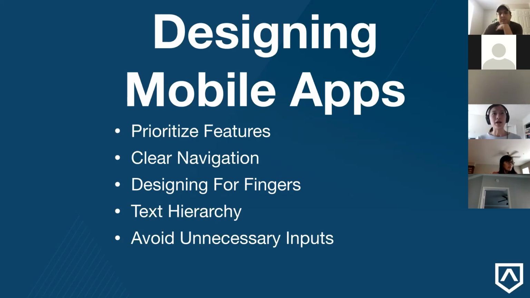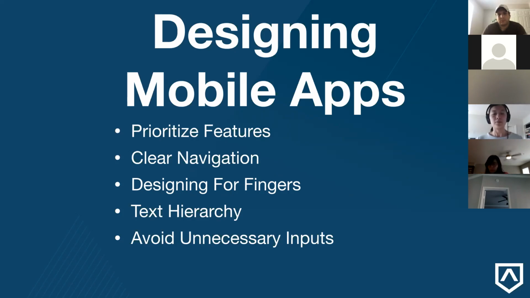So what we mean by avoiding unnecessary inputs is that when it comes to a user filling out a form, it may not be very easy to do so on a small screen size. So when we're designing forms, we want to make sure that they're as concise as possible. And so an example of this could be, let's say you were requesting to have them enter in perhaps an age range.